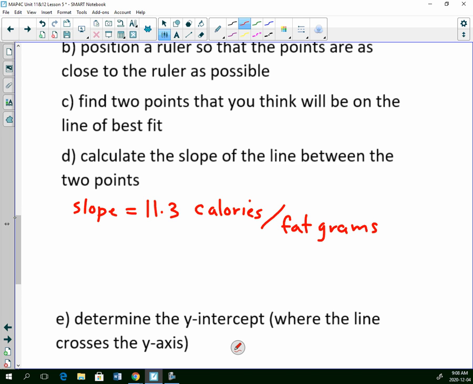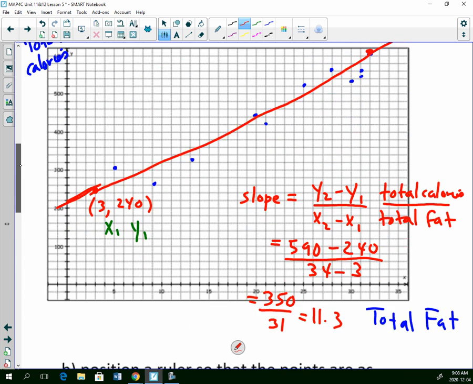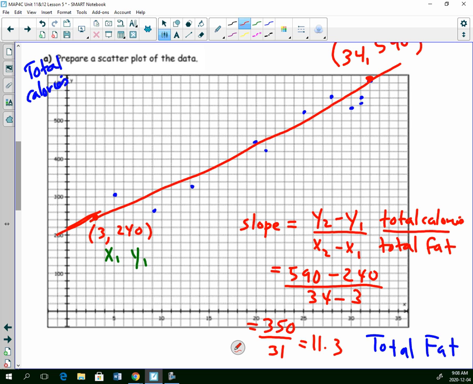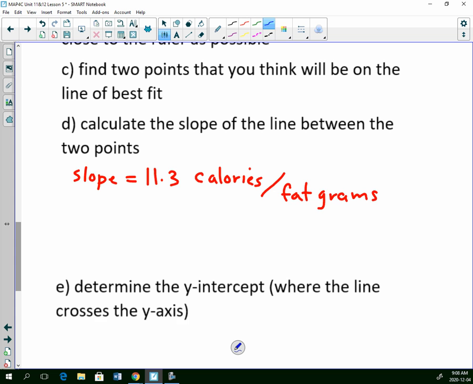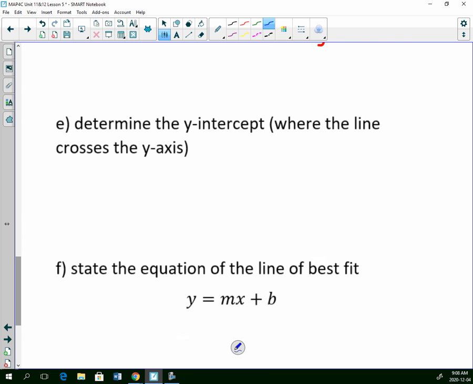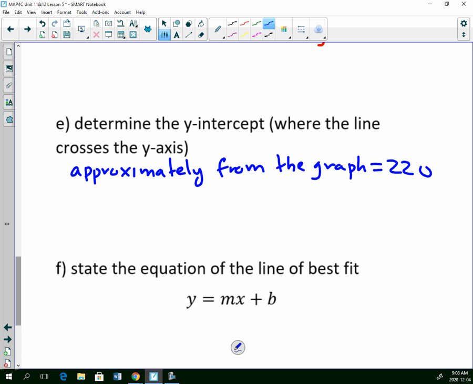The y-intercept, you can do one of two ways. Well, you can look on the line, right? You can look on the line. That's probably the easiest way. My y-intercept is approximately 220. So if I were writing an equation, I could say, so approximately from the graph, it equals 220.